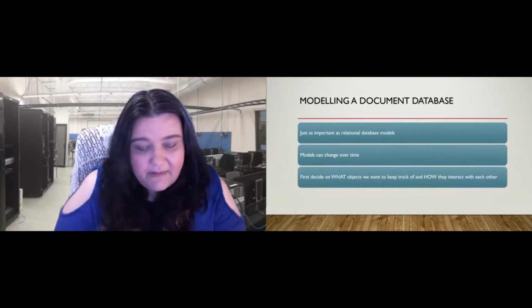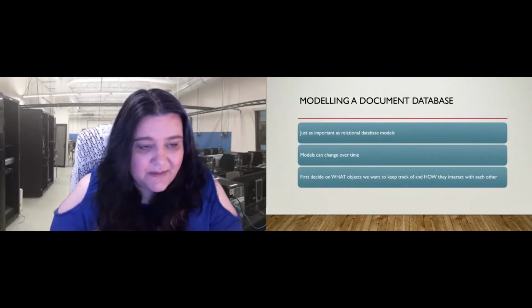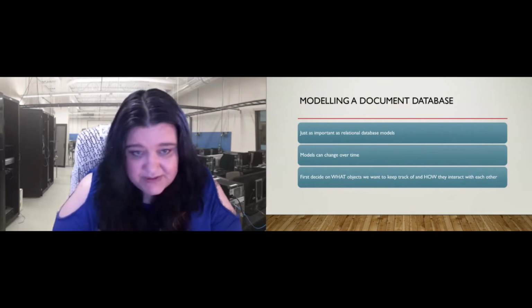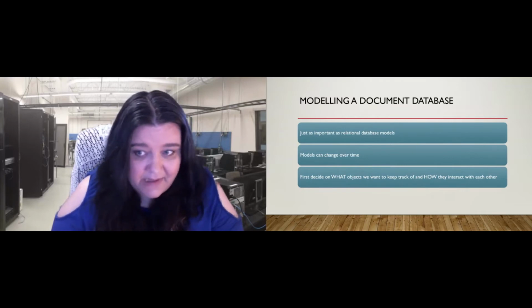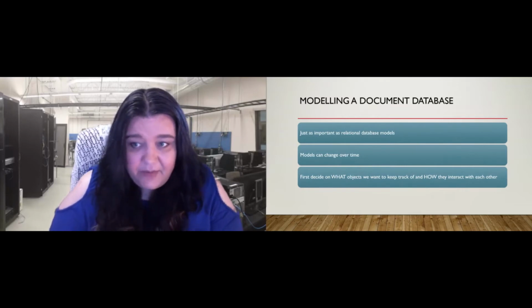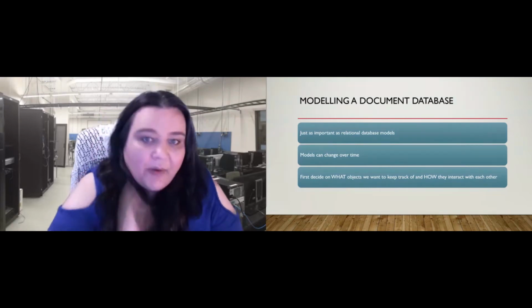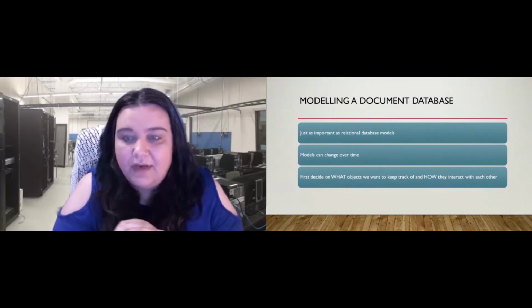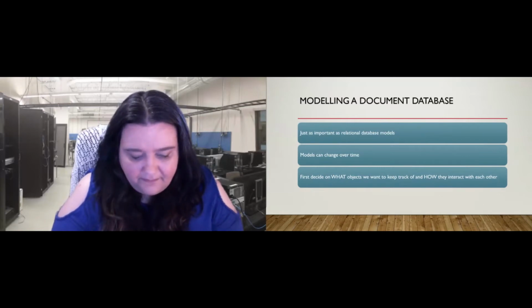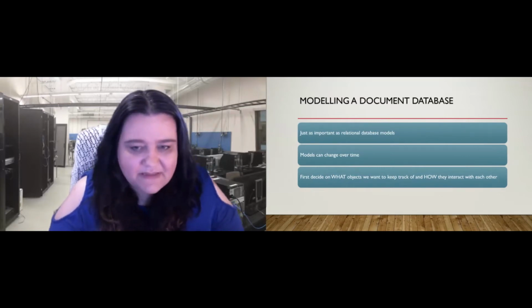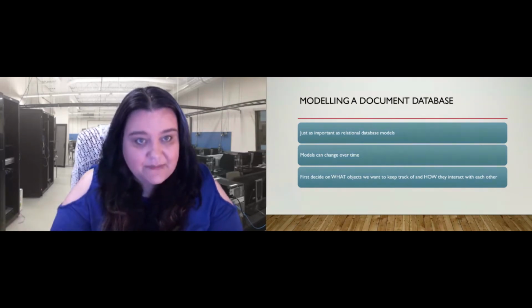So when we're modeling our NoSQL databases, we first decide on what objects we want to keep track of, just like we would in a relational database. And we also decide how they're going to interact with each other. One of the important things that we think about when we're talking about NoSQL databases, maybe more specifically document databases, is how we're going to be interacting with that data.